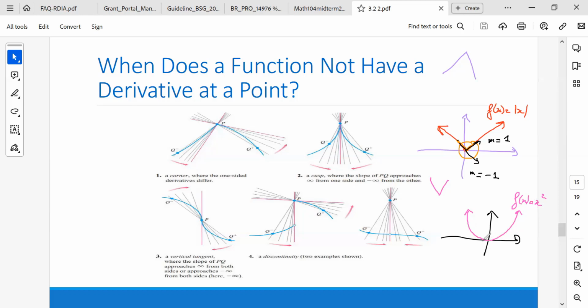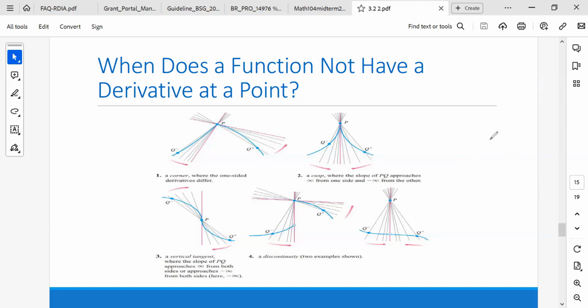Because here it passes from a negative slope, but here we have a horizontal tangent, so slope zero, and then it goes to positive slope. Okay. So here the function has a derivative at zero and is differentiable everywhere. Here no, it doesn't have a derivative at zero.